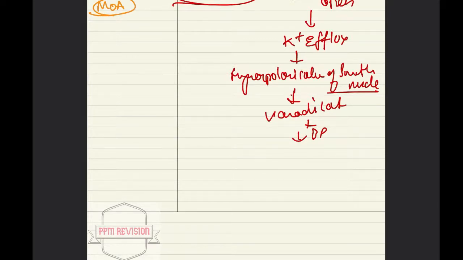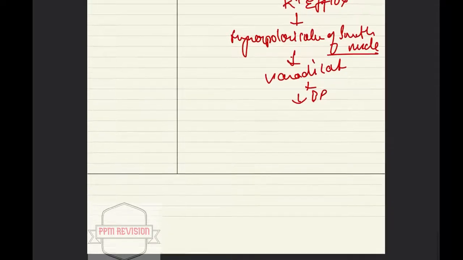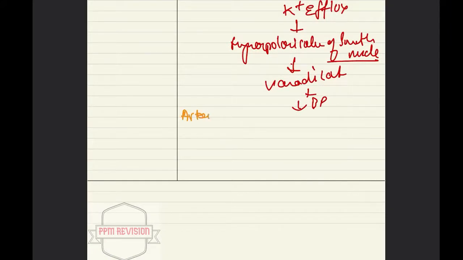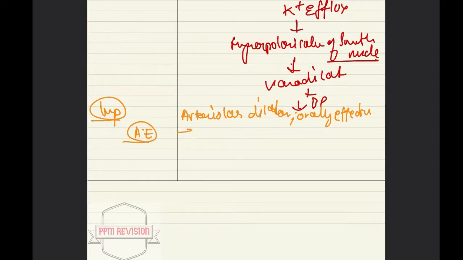And looking specifically at minoxidil, some important points to note are it is an arteriolar dilator, and it is effective orally as well. Adverse effects include reflex tachycardia, as well as sodium and water retention.